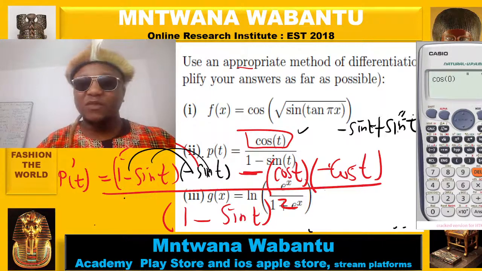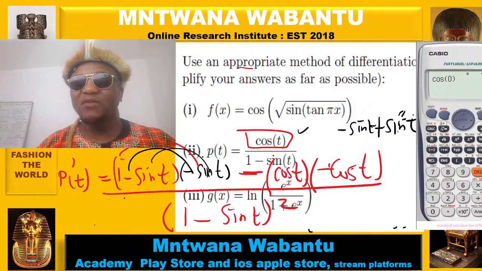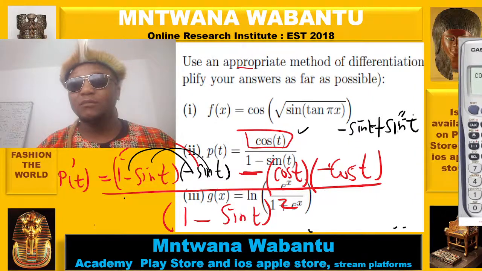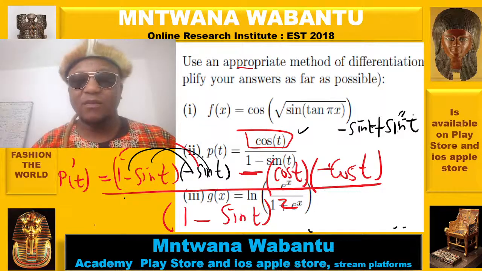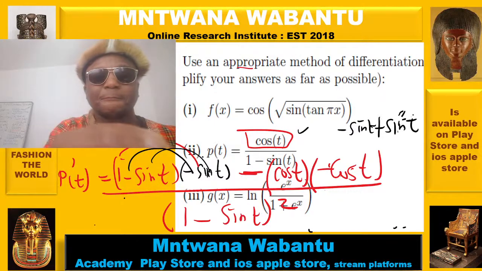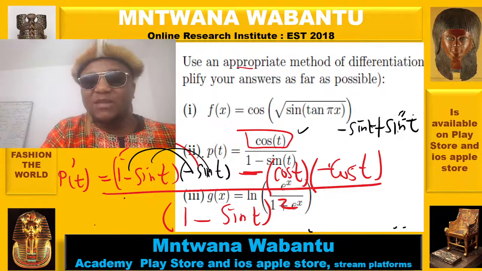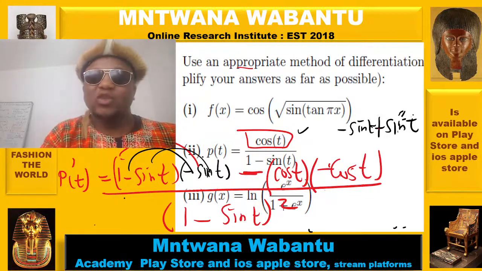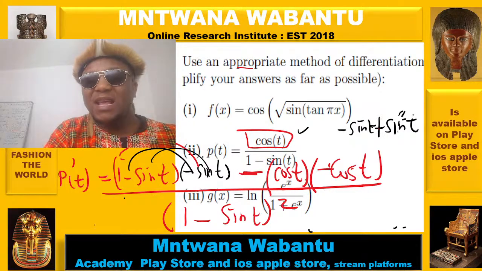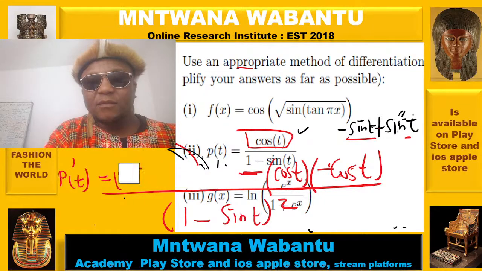Let me move this calculator aside because it is hiding something. I want to make sure everything is visible. Okay, so negative gives a positive sine times sine square t. So I'm going to replace this stuff here with this one right here.